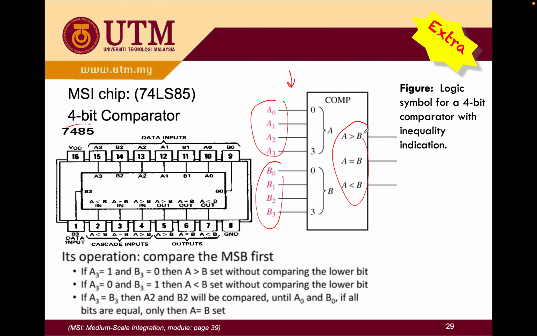You can see here you have A more than B, A equal to B, and A less than B. Please make sure you go through here all the functions of your MSI chip 74LS85. Go through one by one, and maybe you can also try to play around with your own input numbers.